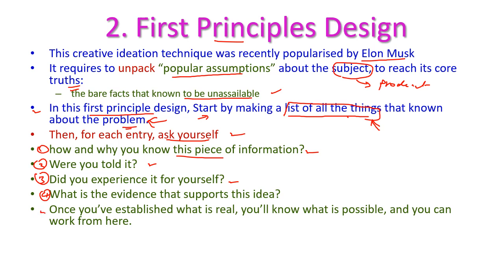Once you have established what is real, you know what is possible and you can work from here. So we have to gather the information about these questions in first principle design.